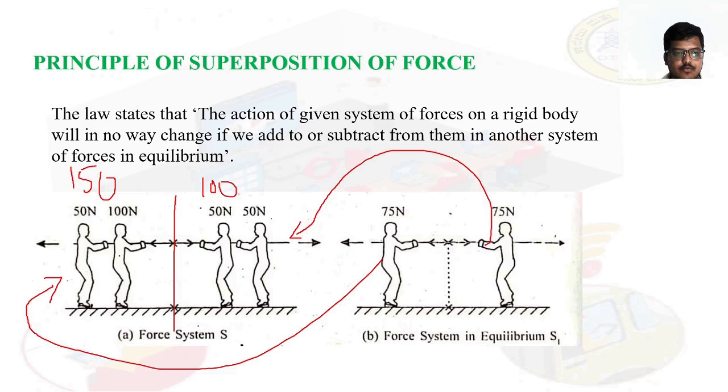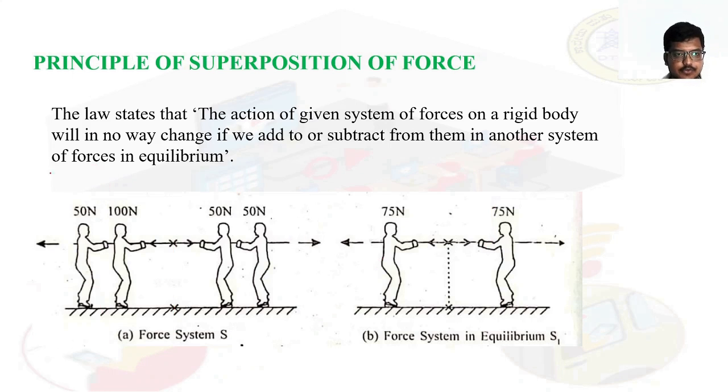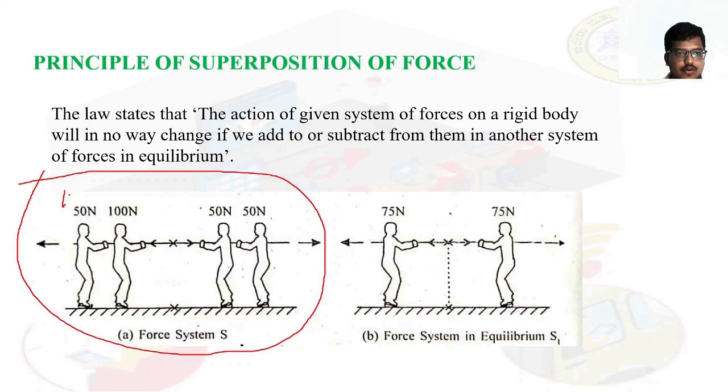What I am trying to tell you is that in the initial stage, the force here was 150 Newton, 50 plus 100, and here it was 100. So we added 2 persons who are capable of handling 75 Newton each, right?